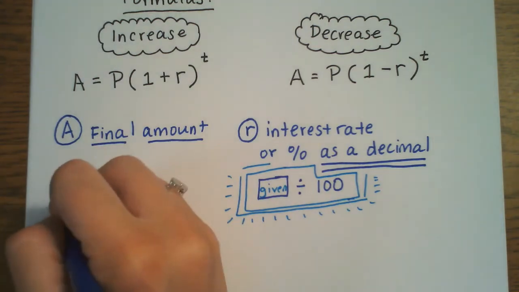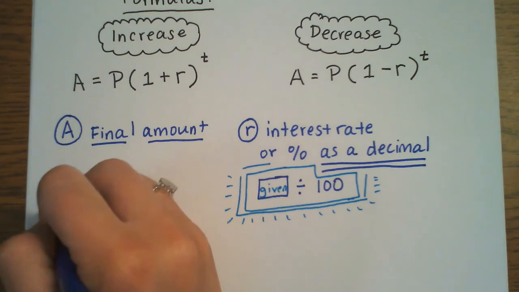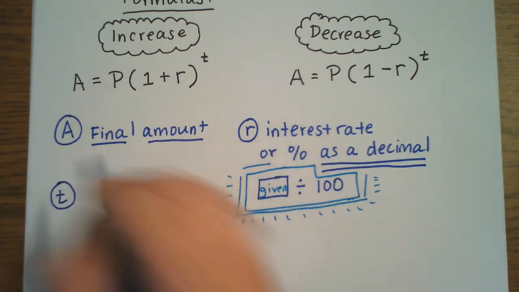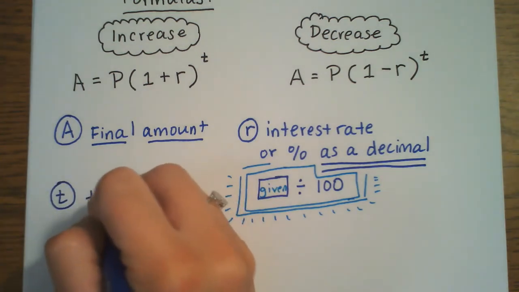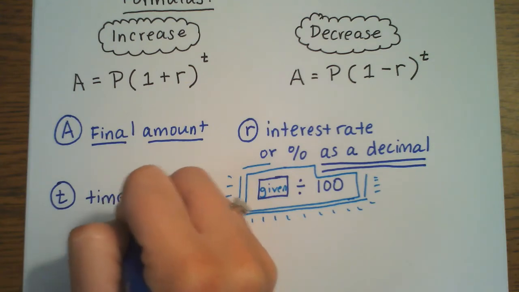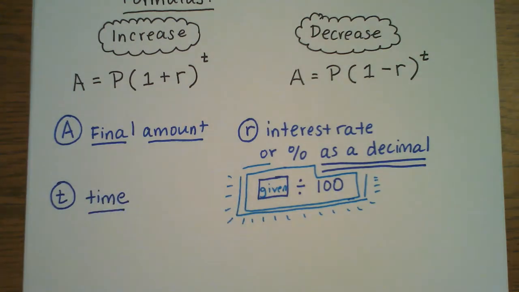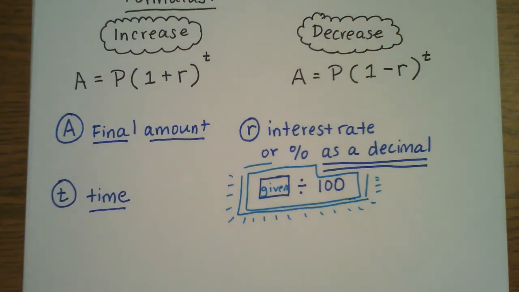And T is time, usually listed in years or months or whatever.